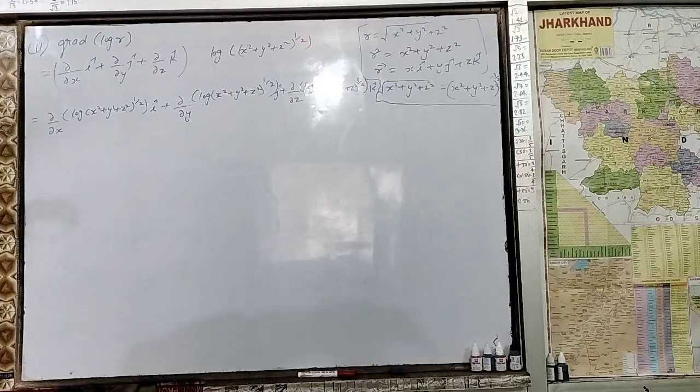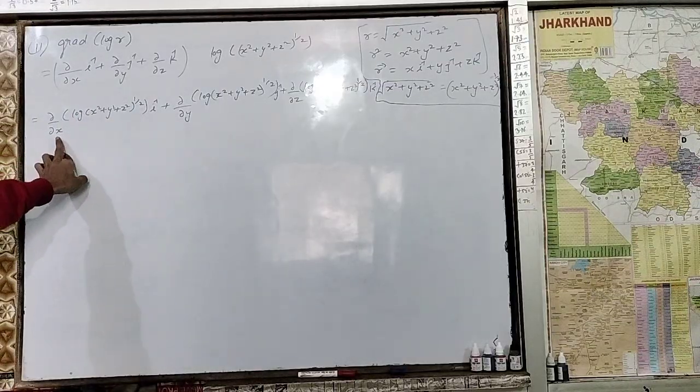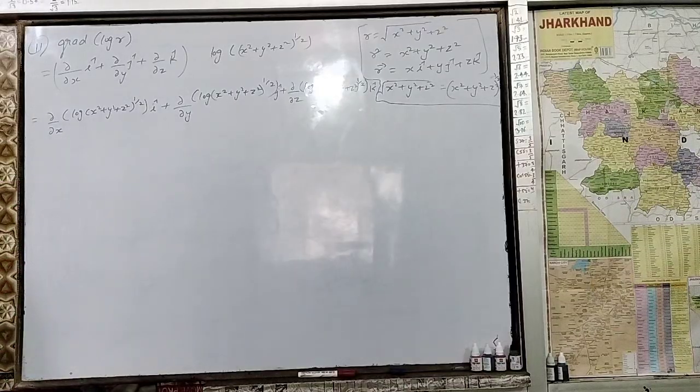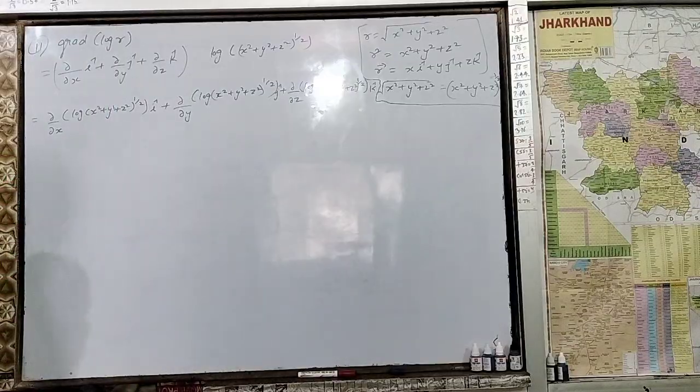Now we are going to represent this log of x to the power n with respect to dx. First of all, this will become 1 upon 2 log x.